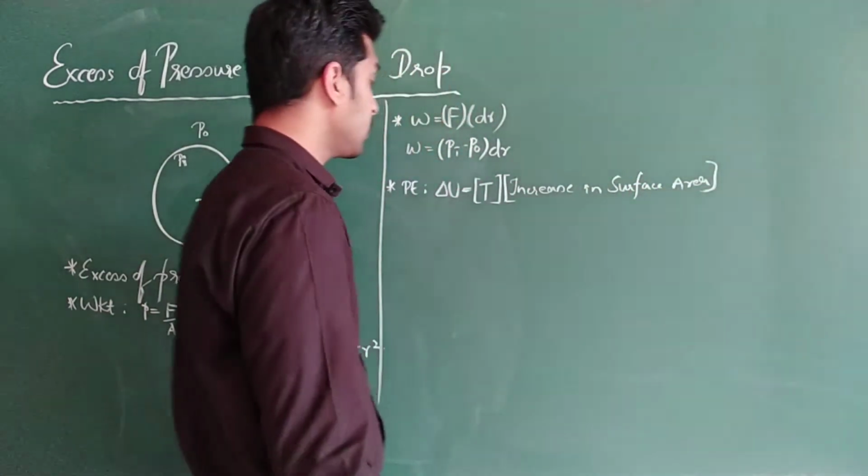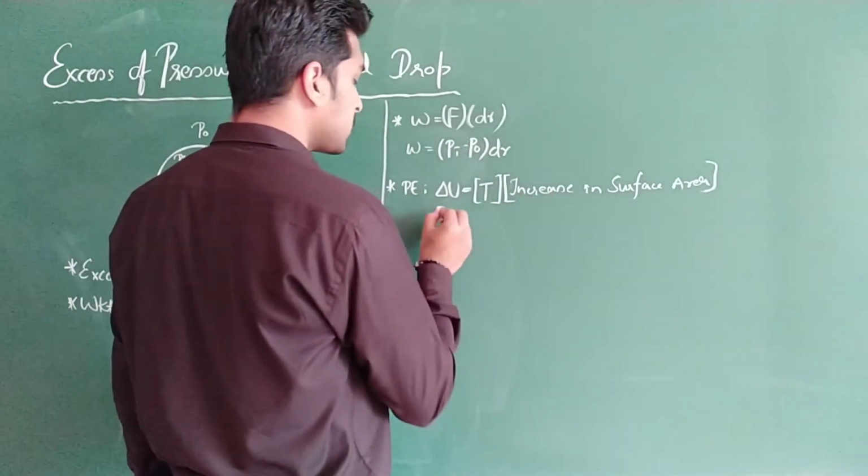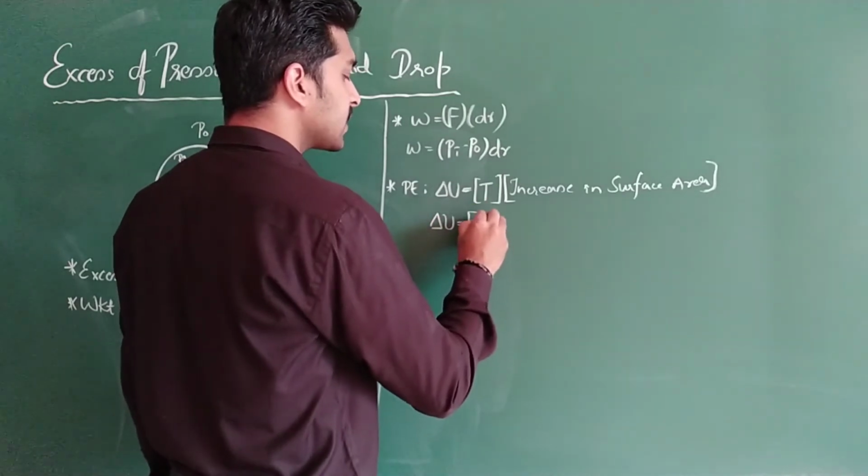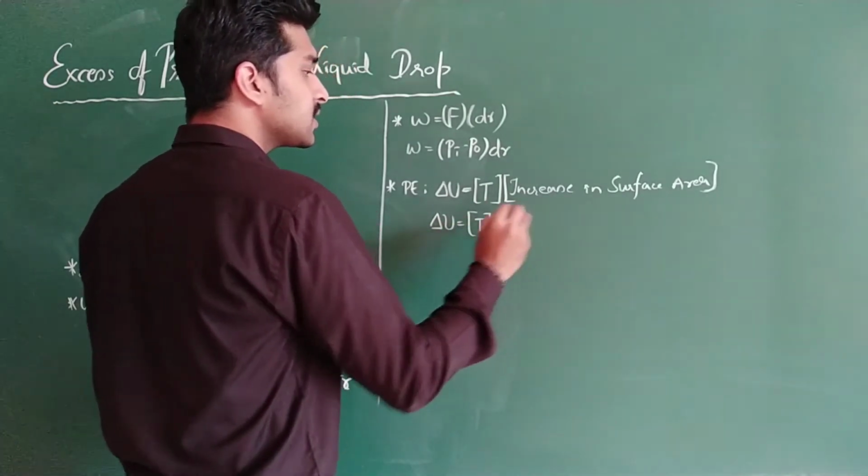So from this expression let us calculate step by step: delta U is equal to T as it is, and you can keep the increase in surface area.